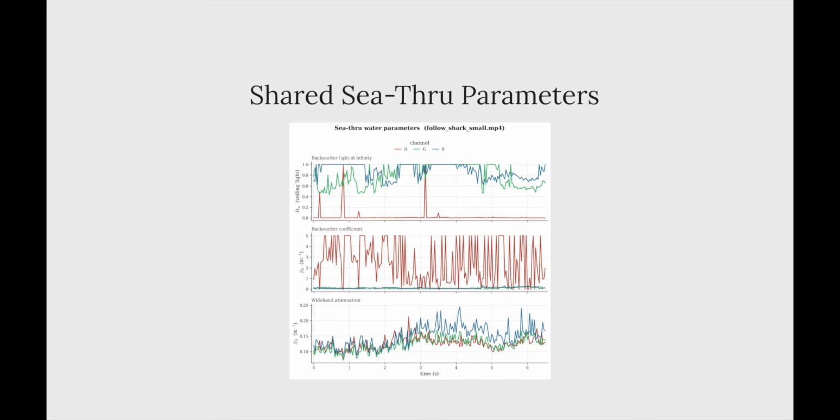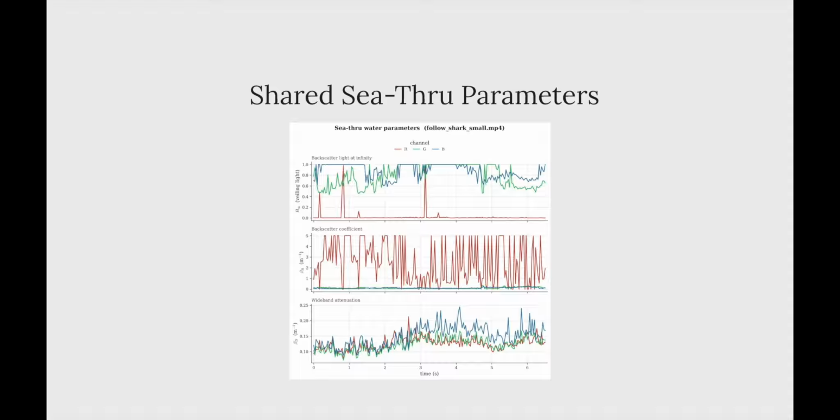The original see-through implementation fits parameters per frame, and it's quite expensive. We can realize there are several parameters that are independent of the view of the video, such as B infinity, which is backscatter at infinity, and beta B, which is the backscatter attenuation. They are properties of the water in the video and should be coherent throughout.